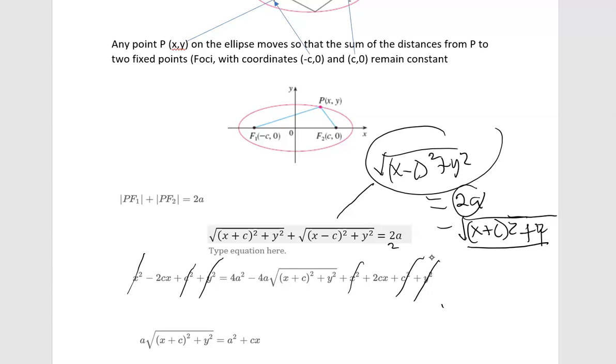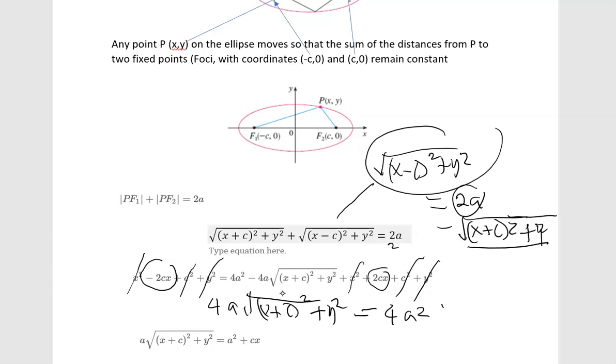And then what do you have here? If you take the square root onto this side, you get 4a times the square root of x plus c squared plus y squared. And there is a 4a squared on this side, and can you see a 2cx and a negative 2cx?